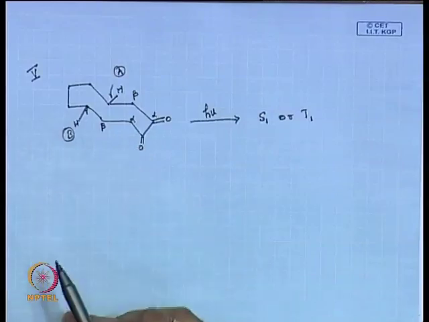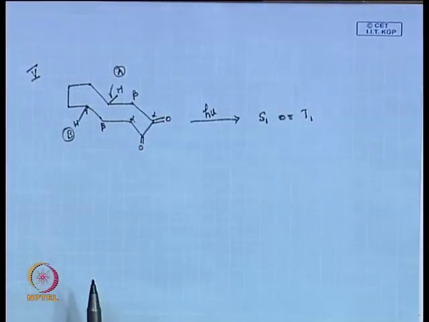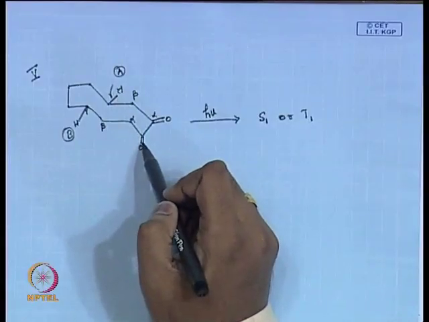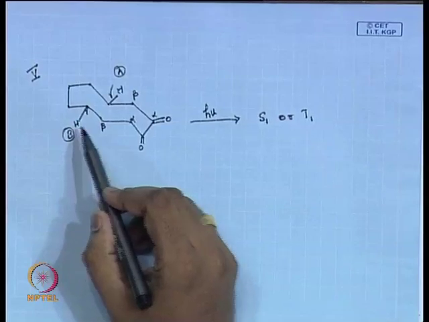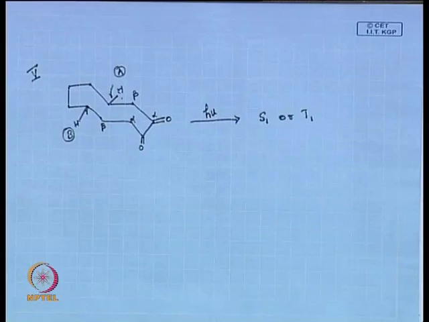Any idea which hydrogen should be near to this carbonyl? Yeah. So, this hydrogen is nearer to your carbonyl than this part, okay, fine. So, then you abstract the hydrogen. So, what are you getting?